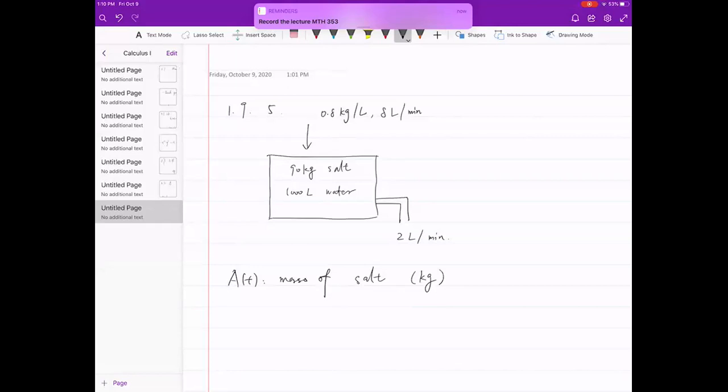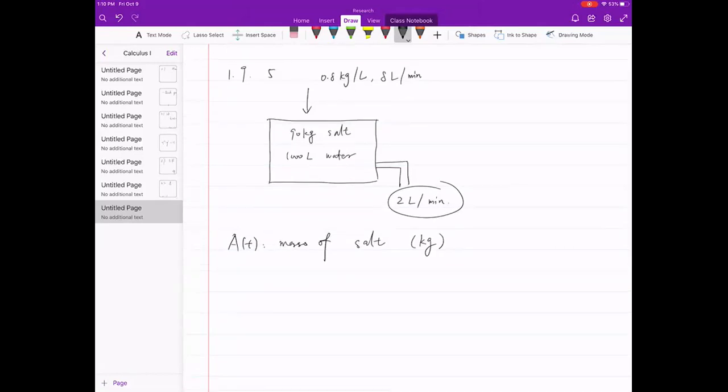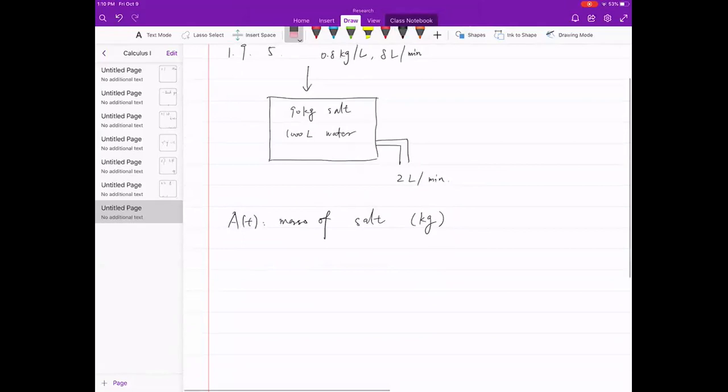Meanwhile, we have a drain, which takes water out of your container at 2 liters per minute. Now the question is, you want to model A(t), the amount of salt in the container, in kilograms.